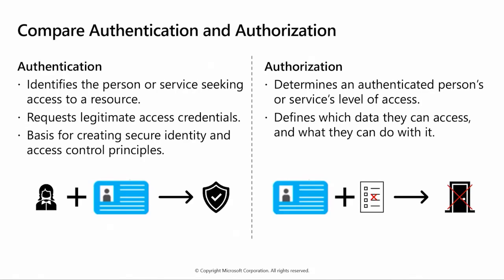So they're going to request some type of credentials, and this could be a username and password, but really this is creating their identity. Then we have authorization. Now, once someone has been authenticated and you've verified who they say they are, now you're going to determine what level of access they have.